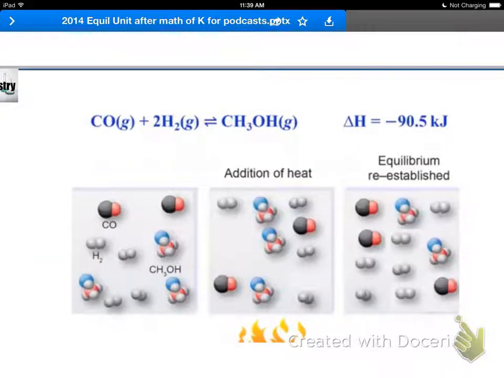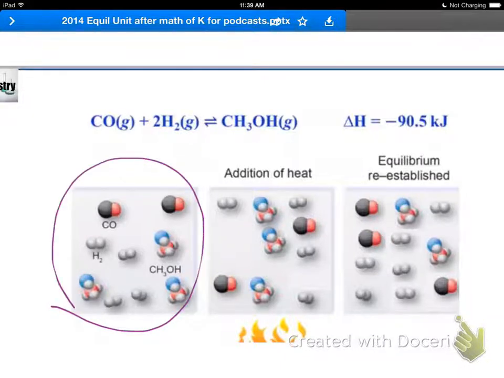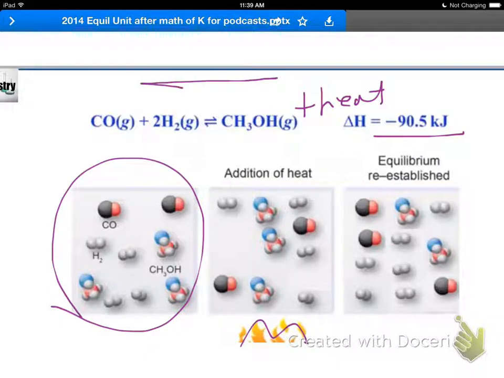Okay, so I can look at it from a particle standpoint. Here I have a system at equilibrium. In this case, it's exothermic, so I have heat as a product. If I add heat, it wants to shift away from the heat, right? It wants to lose heat, so it's going to shift. I'm going to lose some of my methanol, right? I've lost methanol, and I've added additional carbon monoxide and hydrogen.